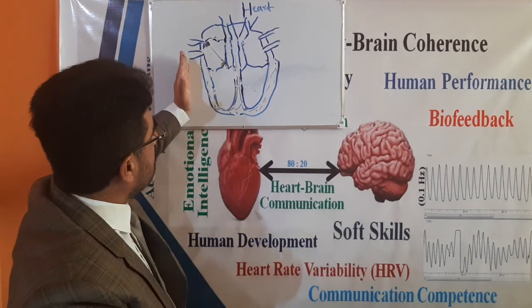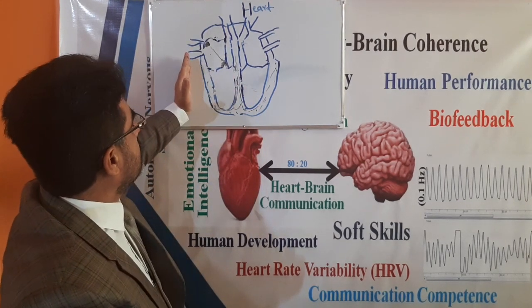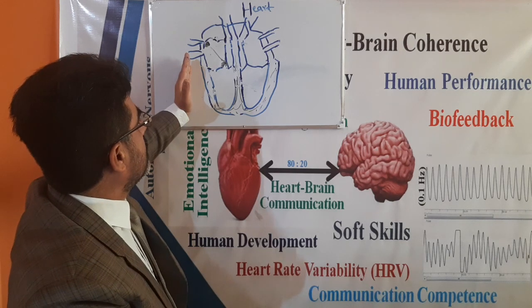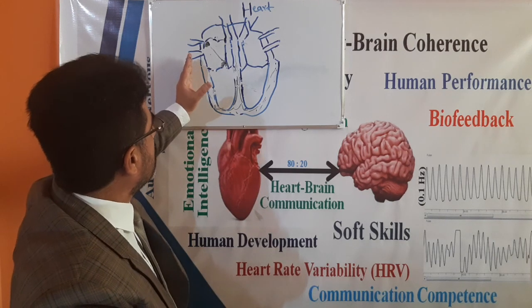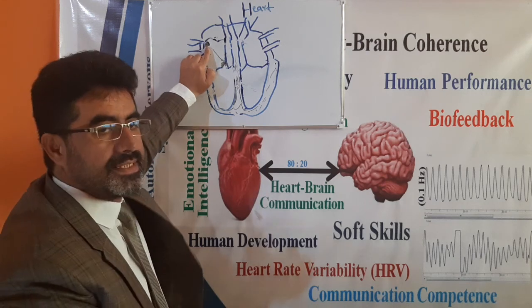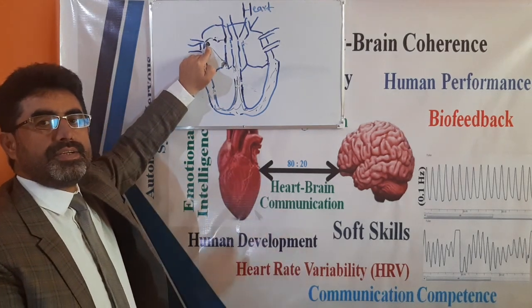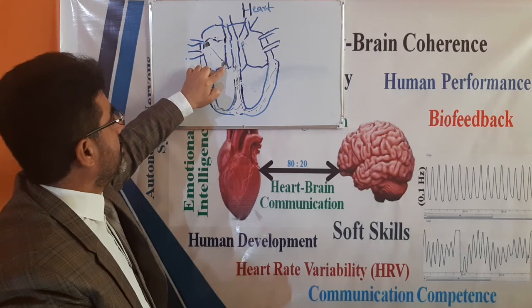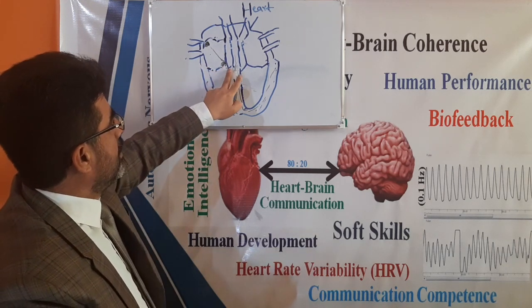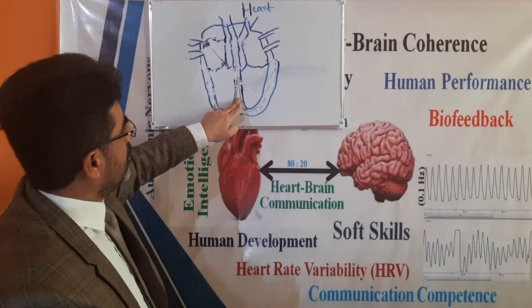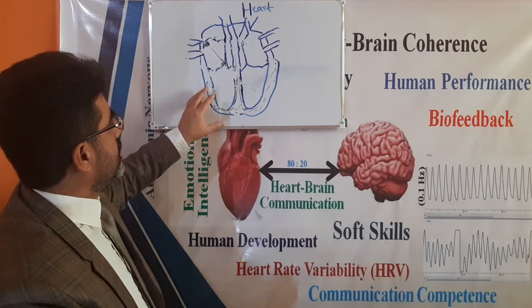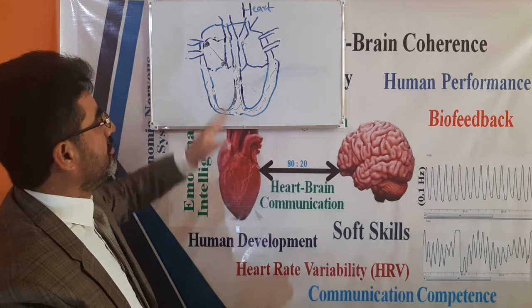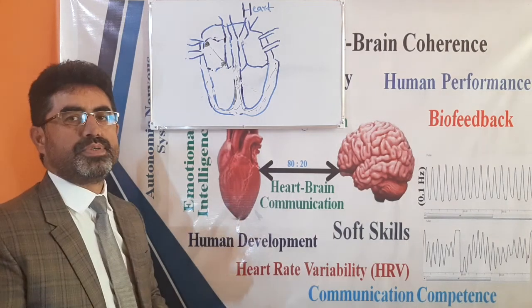That's why the conduction system of our heart includes four main parts. The first one is the SA node, or sinoatrial node. The second one is the AV node, or atrioventricular node. After that comes the bundle of His, and after the bundle of His, the smaller part with many different small branches, the Purkinje fibers.